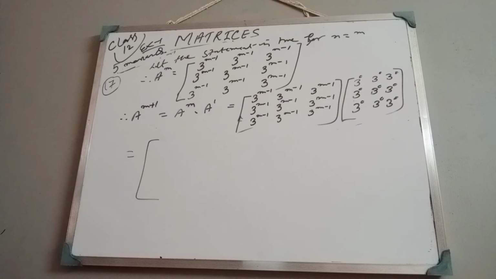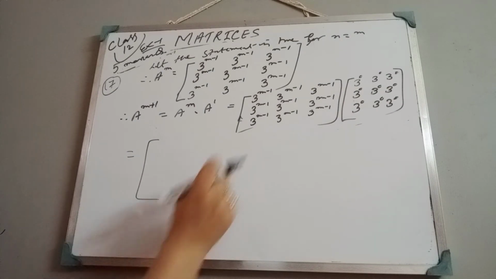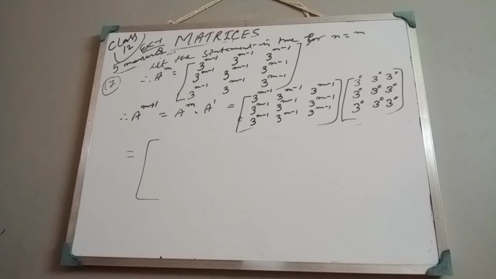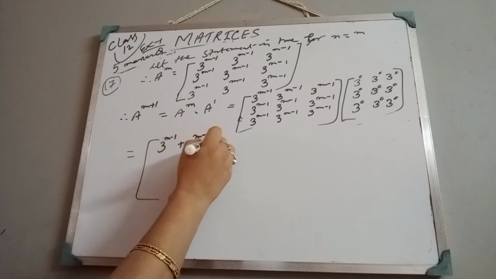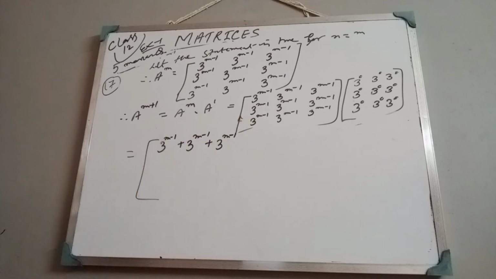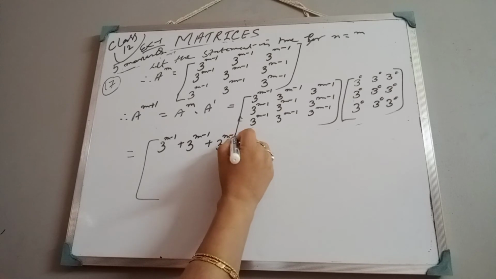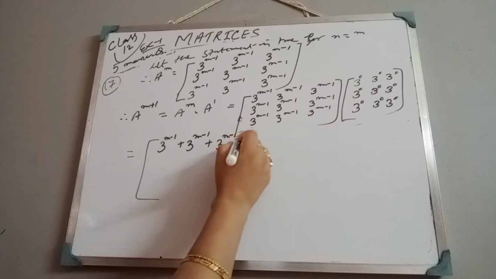Instead of 1, I have written this now. First row into first column: 3 to the power m minus 1 into 3 to the power 0, so m minus 1 plus 0. Similarly, m minus 1 plus 0, m minus 1 plus 0. So we get 3 to the power m minus 1 plus 3 to the power m minus 1 plus 3 to the power m minus 1. Similarly, we will get the same for the whole first row.